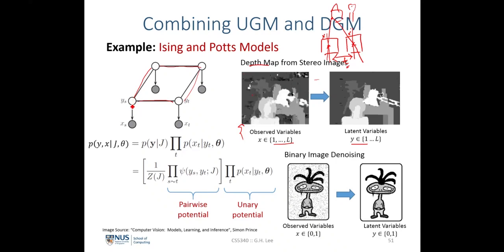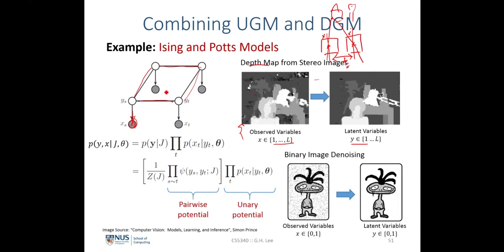Hence, for every latent random variable there is an arrow pointing towards the observation, because it directly gives rise to the observation corresponding to that particular pixel. Hence, it becomes a directed graphical model over here.